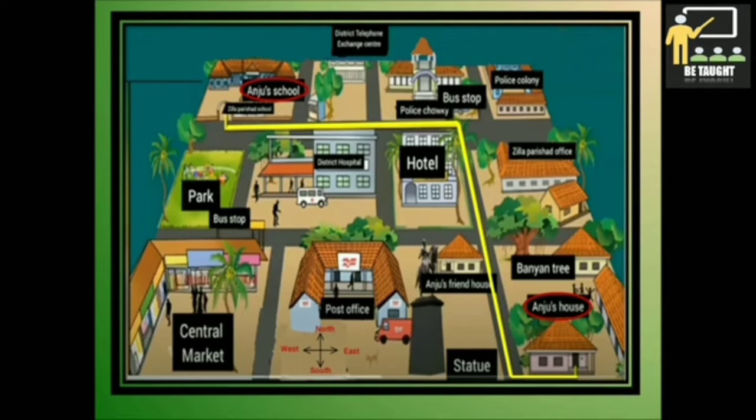On the way from Anju's house to the school, we can see the banyan tree, statue of Shivaji Maharaj, Anju's friend's house, hotel, district hospital, post office, central market, park, etc. So the route Anju passes along is a narrow lane and a main road on her way to school.